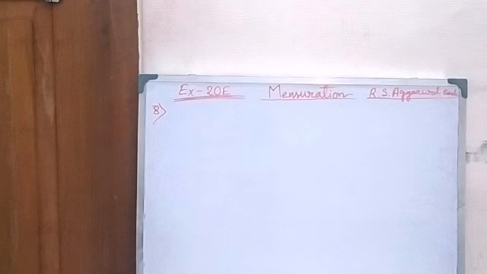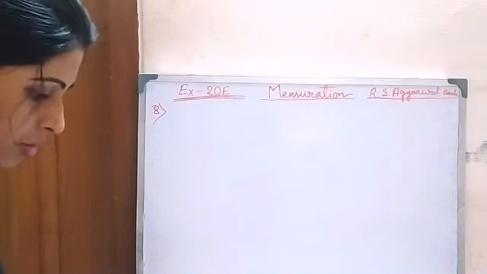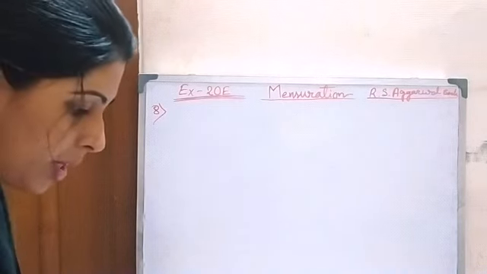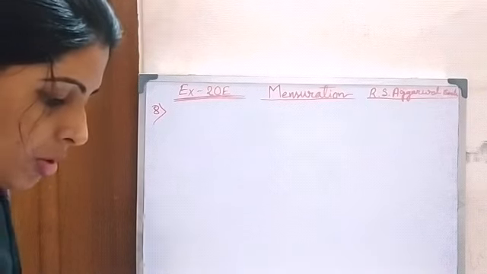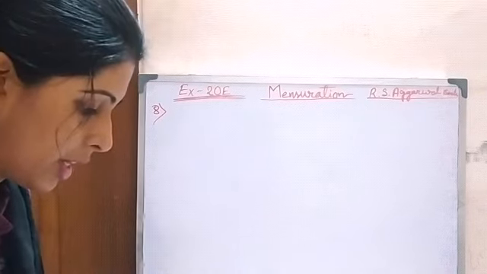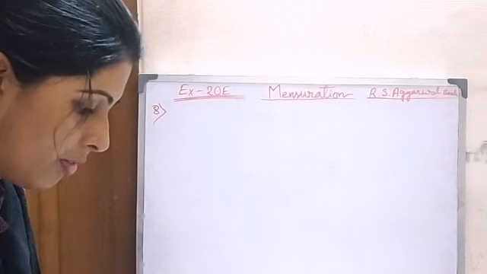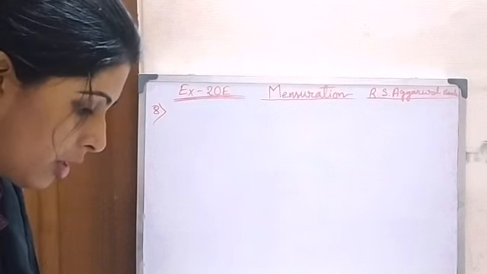Now coming to question number 8. Question is, how long will a man take to make a round of a circular field of radius 21 meter, cycling at the speed of 8 km per hour?